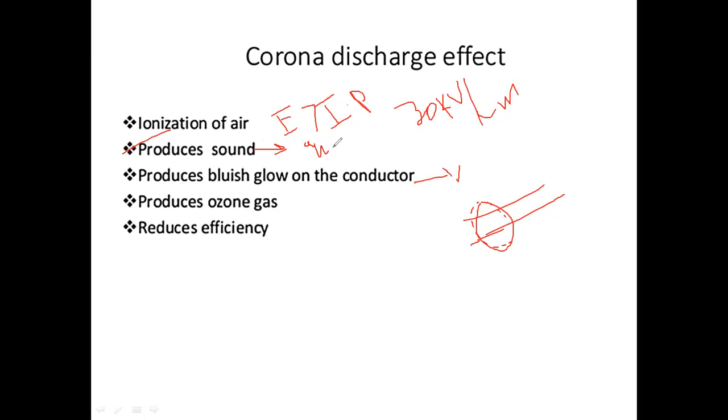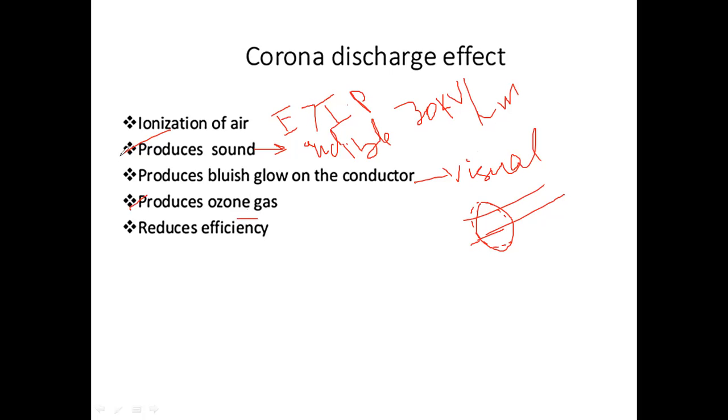It's audible, and it's visual. We will discuss these two individually in the upcoming slides. And the production of the ozone gas as well.